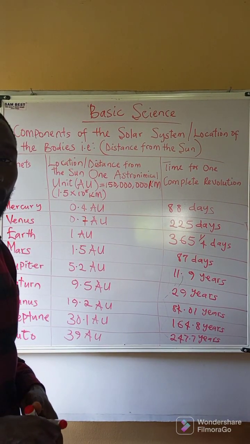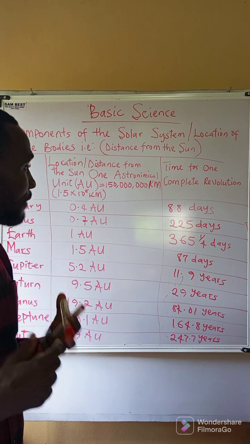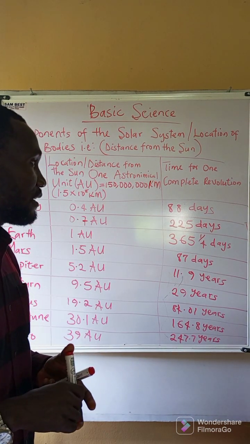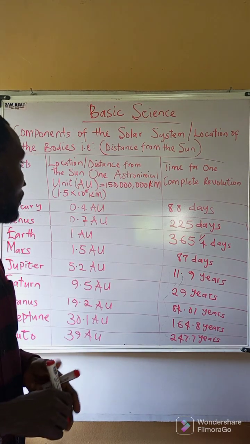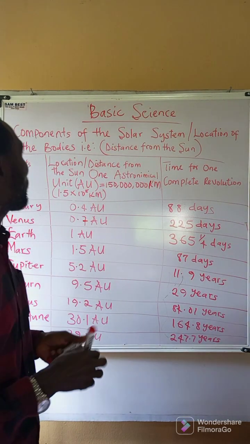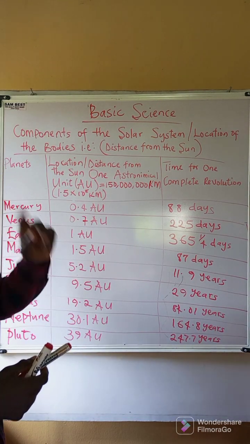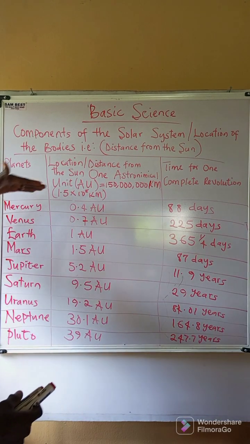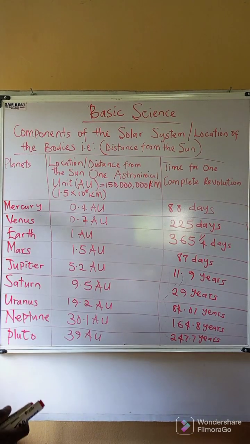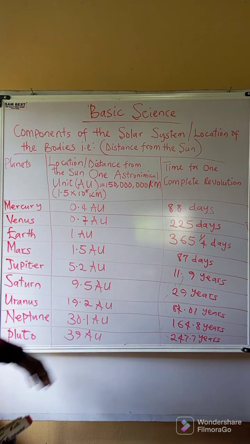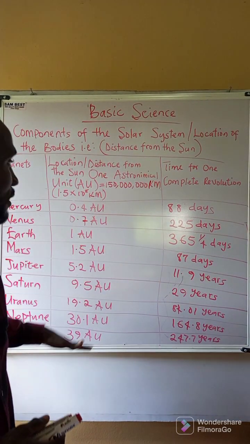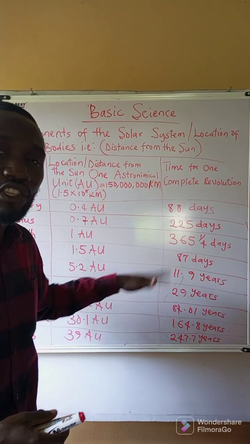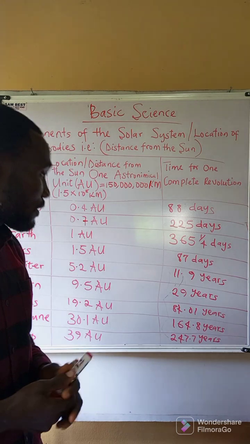Do you understand? If you understand, fine. If you do not understand, please ask me questions. I will explain. Any question? Okay, so wrapping it up, today we're talking about the components of the solar system, their location, which is the distance from the sun, and we've itemized them from Mercury down to Pluto, with their astronomical units, which is the distance from the sun, and the time it takes each of them to complete one revolution.